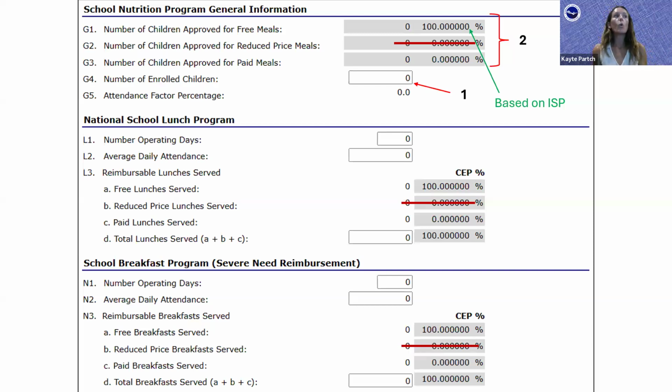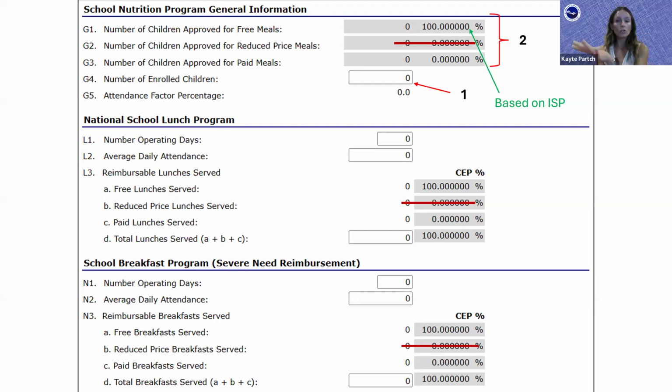Okay, so starting at the top in that top section, that should look somewhat familiar to you. You're used to recording the number of enrolled children, but you do not have to record or report the number of enrolled children who qualify for free and reduced and paid price meals. That's irrelevant. You shouldn't even know that, right? We're not making those individual determinations, and the system doesn't require you to report it.